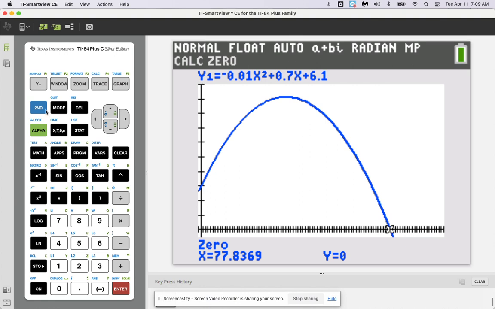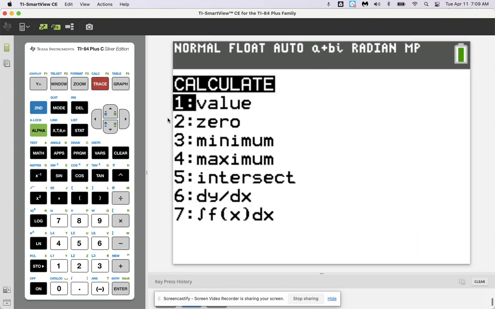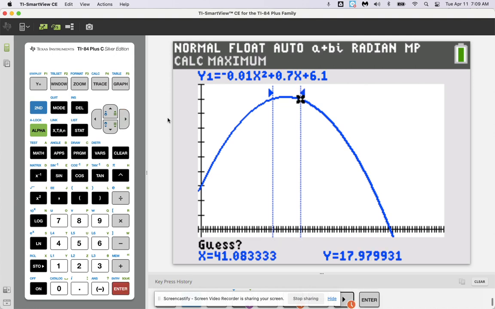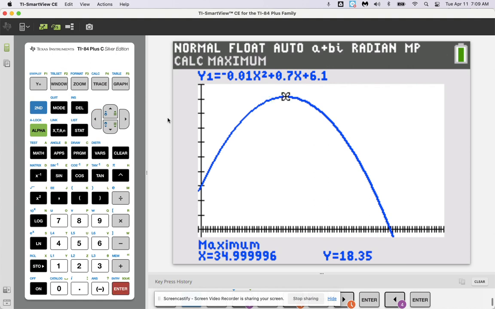If you're interested in the vertex, we can access that calculate menu one more time. We will be finding a maximum value. So we move our cursor to the left of the vertex. We move our cursor to the right of the vertex, and we make our guess, which as long as it's in that space, it should reveal the vertex with no problem.